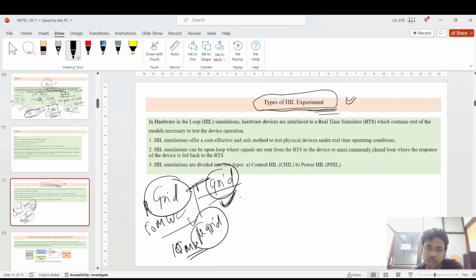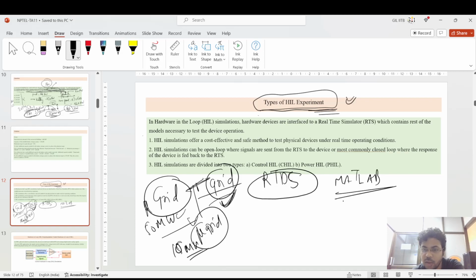So you cannot test these systems in a real-time environment. What researchers generally do is test in real time using RTDS systems, real time digital simulators. If you use MATLAB and run your script file, you can observe that it shows 2 seconds, but it takes 1 hour to solve that simulation, or 10 minutes.